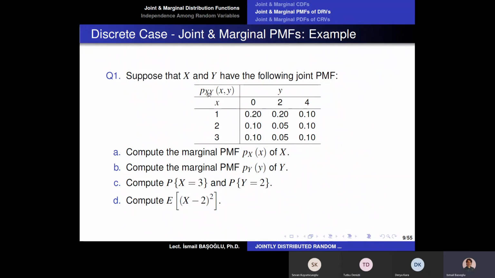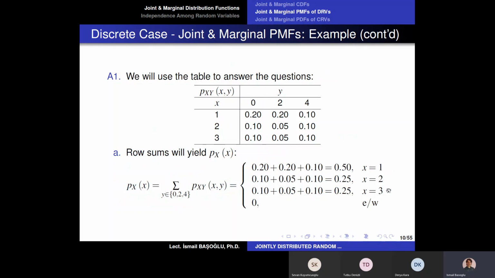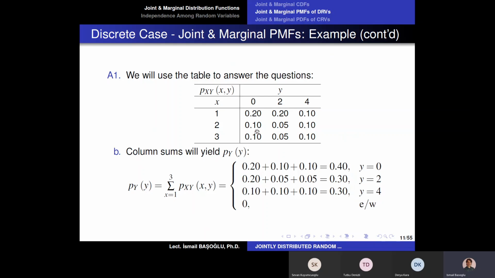X was supposed to take the values of 1, 2, and 3, and random variable y takes values of 0, 2, and 4. The joint probabilities are tabulated in this table. We have summarized that the row sums of this table will give you the probability mass function of x, called the marginal probability mass function of x, and the column sums will give you the marginal probability mass function of y.